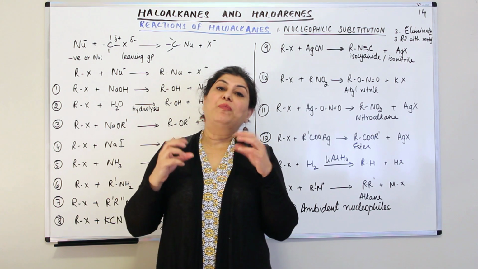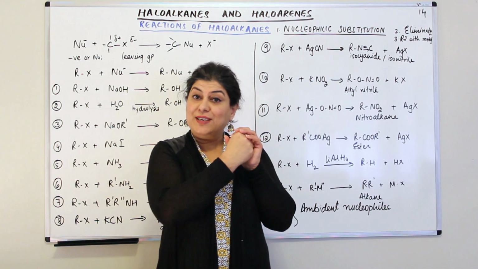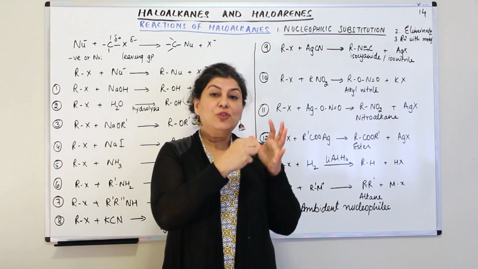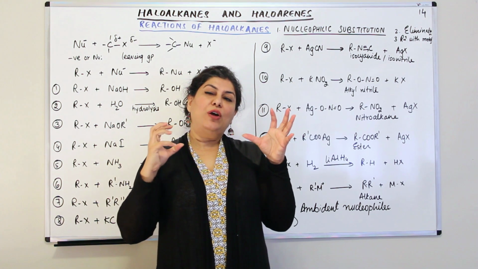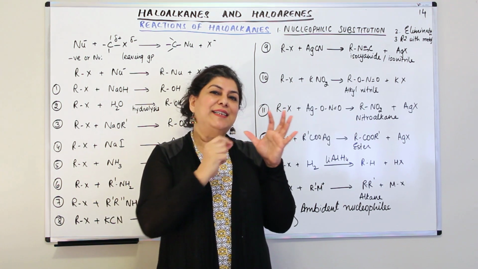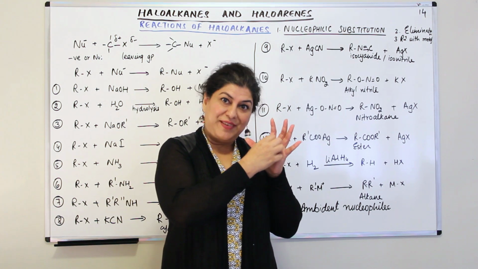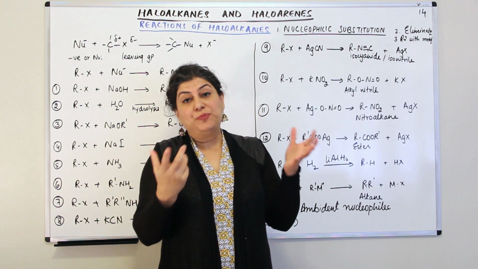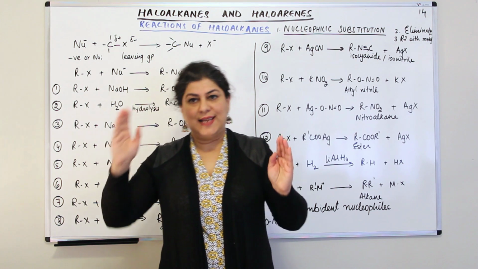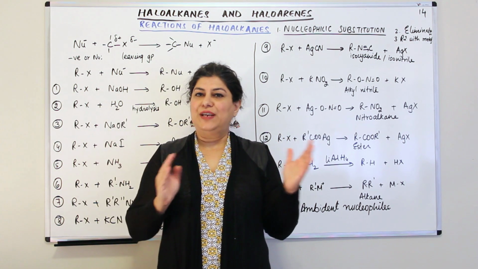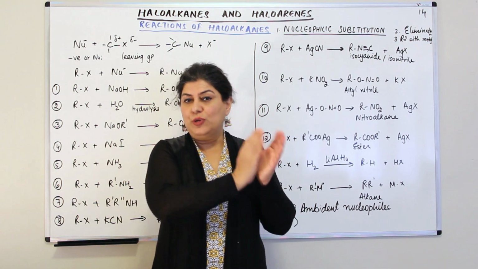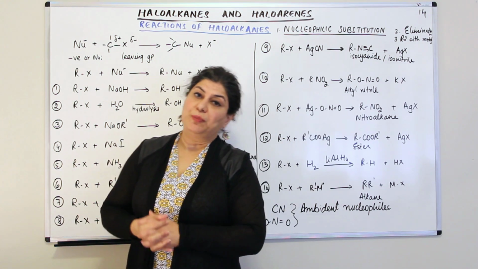And if there is something positive, we know in an atom, the nucleus is positive in charge. So when we talk of nucleus and electrons, we are indicating the charges. The nucleus would be positive and the electrons would be negative.